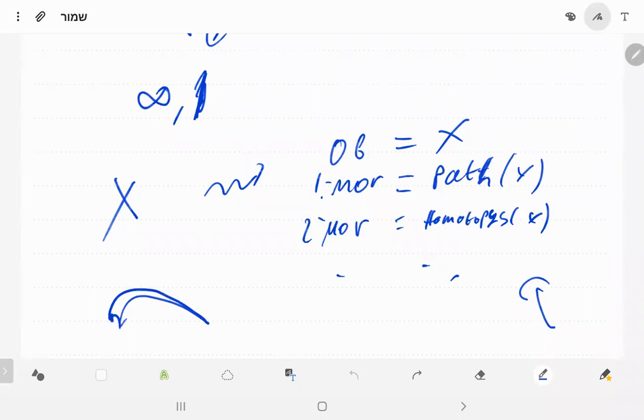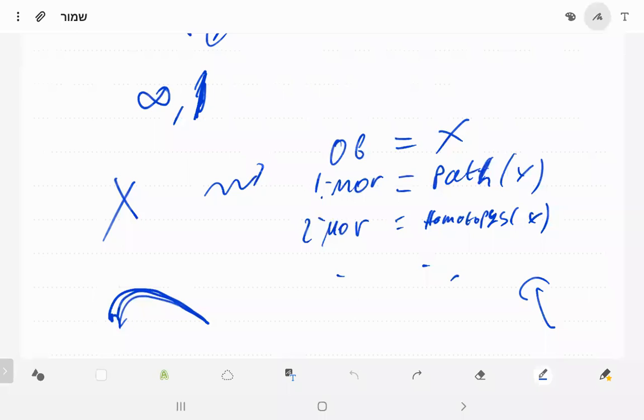Of course, the composition of two paths will not be the identity, but it will be homotopic to the identity. Of course, this homotopy is additional data, but it means that all our arrows are invertible arrows on all levels. So you should remember that you care about things only up to homotopy.